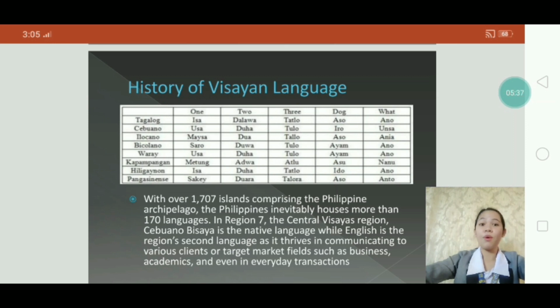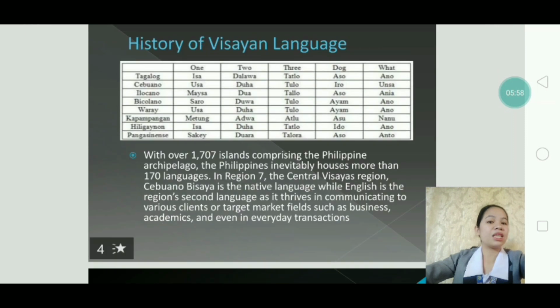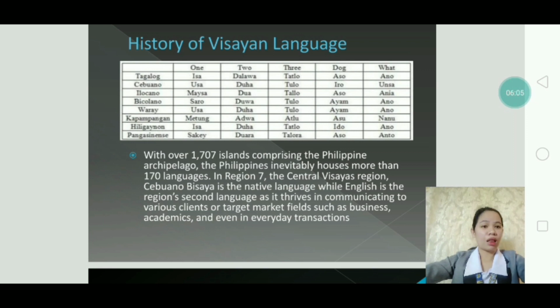We have already 170 languages in Region 10 and the Central Mindanao region, and Cebuano Bisaya is a native language, while English is the region's second language, as it thrives in communicating to various clients or target market fields such as business, academics, and even in everyday transactions. Now, communication language is very important.